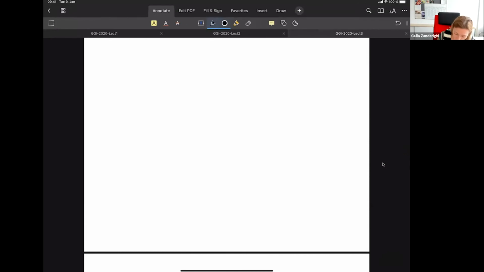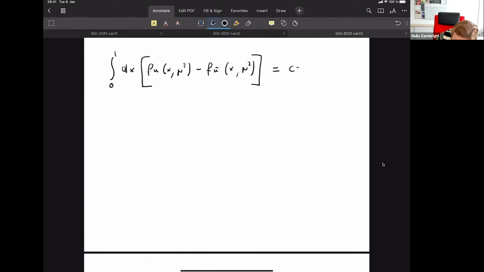So one can prove that the quantity, the integral of x times f_u(x) minus f_ubar(x), is constant if and only if the integral over z of P_QQ(z) is equal to 0.